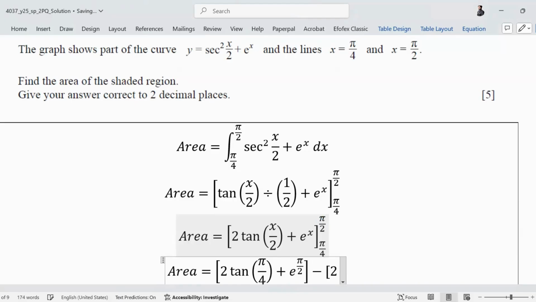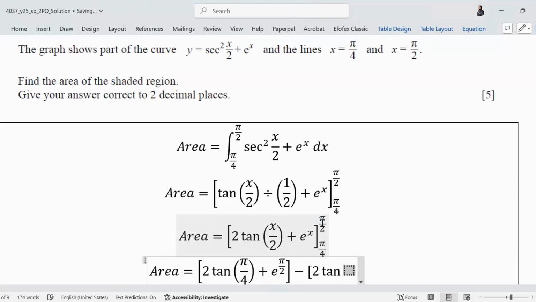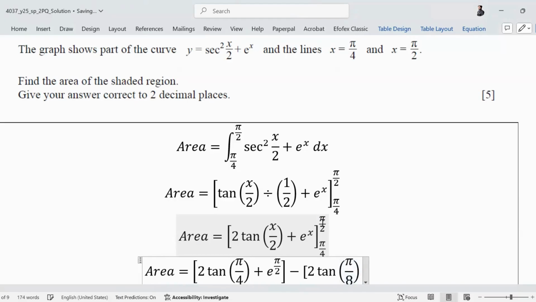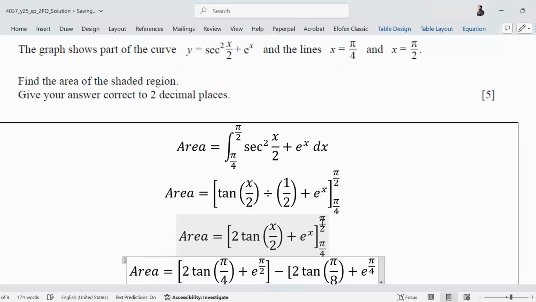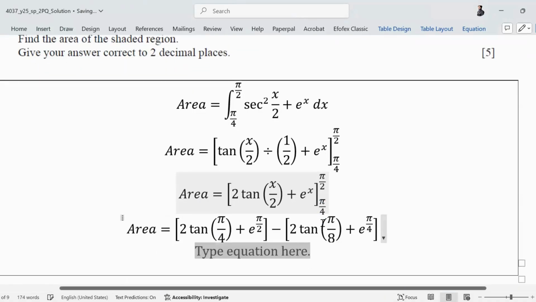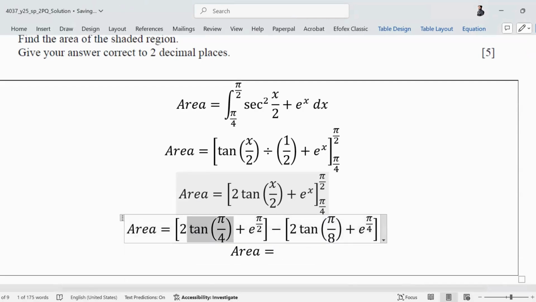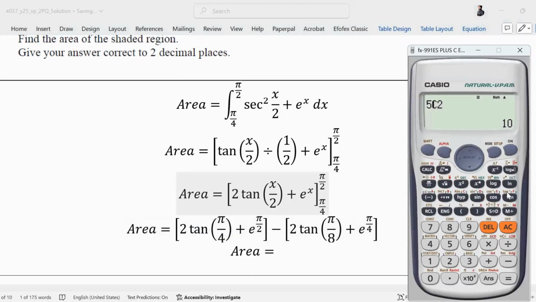Minus 2 tan of pi by 8. This becomes plus e to the power pi by 4. So tan of pi by 4 is 1. You can find that even through your calculator. Tan of pi by 4.